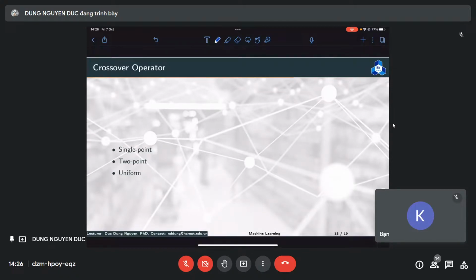Now let's talk about the crossover operator. For the crossover operators, you have several ways to do so. Either use single point crossover or 2-point crossover or uniform crossover. It's up to you. And each of them may be different from each other just a little bit.